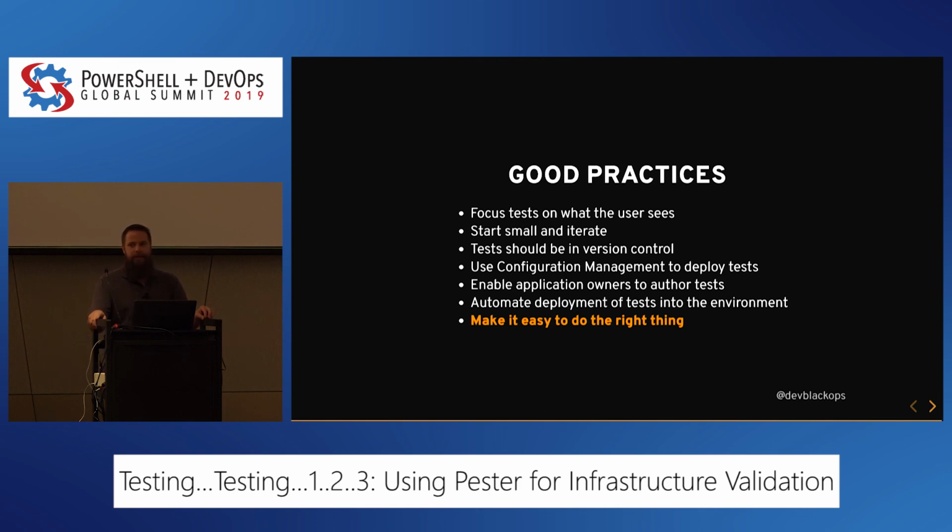So we want to make it easy to write tests. We want to make it easy for the right people to write those tests. We want to make it easy for those tests to land on the system. We want to make it easy to actually monitor these systems. If we don't do that, then we just run into friction all over the place, and we end up with a subpar experience.